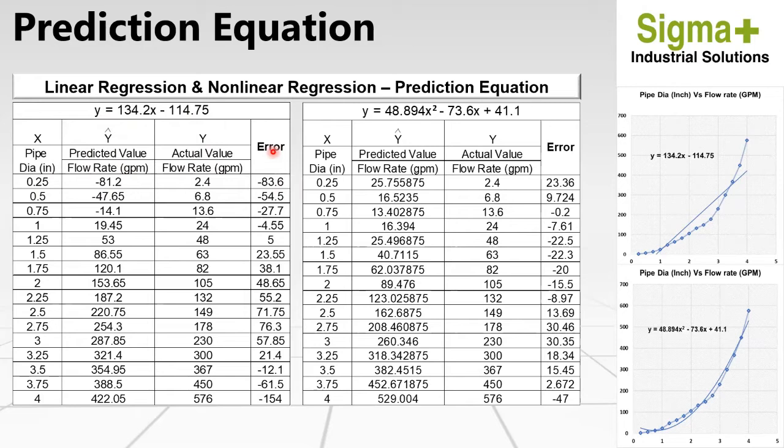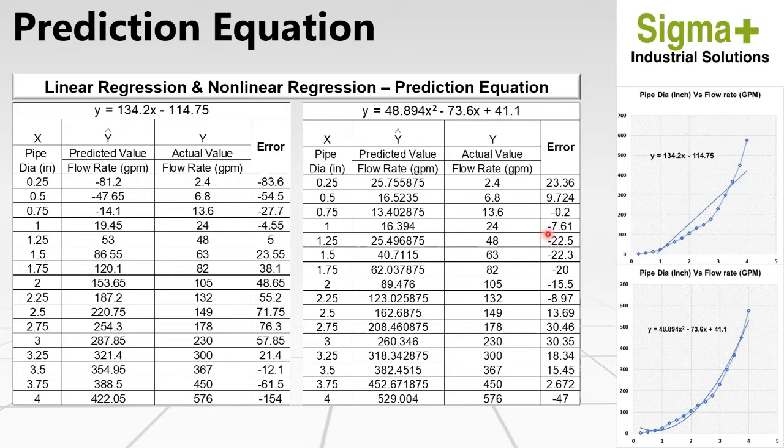So I can get the errors of all the points by getting the differences between all the predicted and the actual values of y. And I did the same thing for the nonlinear equation.